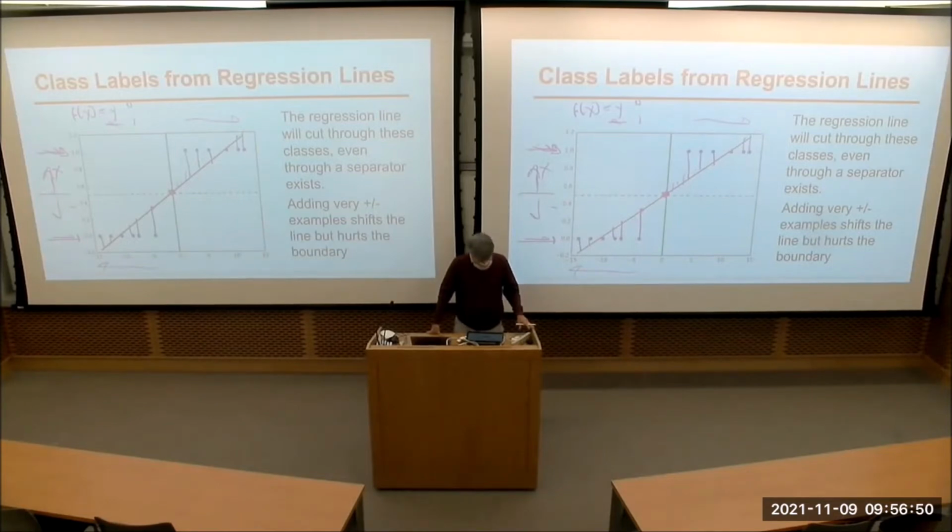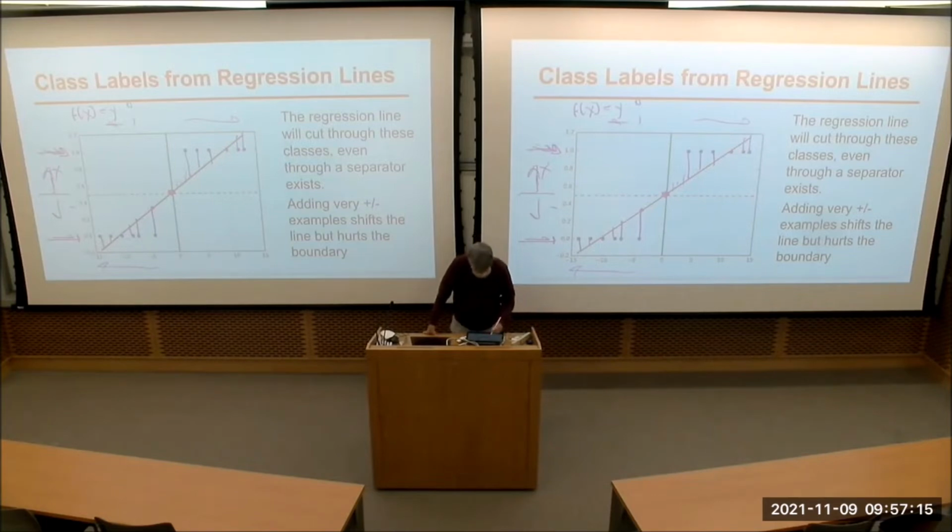So what don't I like about this? Well, first of all, do we get a sense of confidence from it? We'd like to know not only whether something is classified as positive or negative, but also some measure of how certain we are.